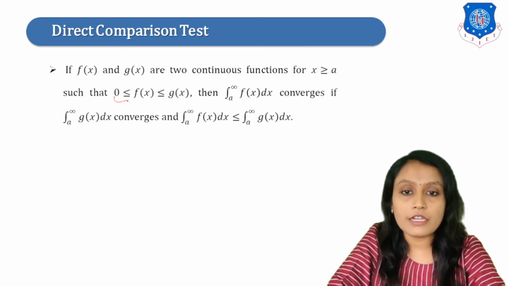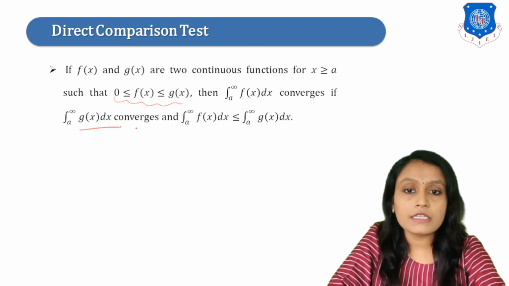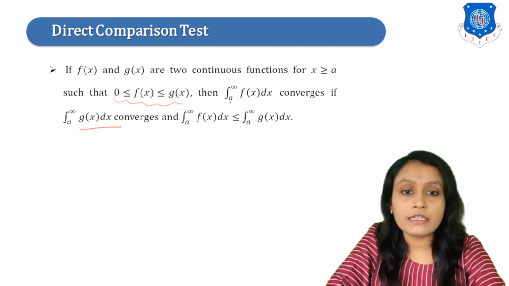Okay, so we have this condition that f of x is less or equal to g of x. And if integration a to infinite g of x dx converges, then this integration a to infinite f of x dx will also converge.